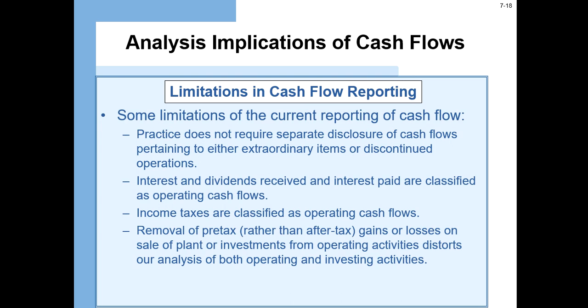Removal of pre-tax rather than after-tax gains or losses on sale of plant or investment from operating activity distorts our analysis of both operating and investing activities. So in this case, this activity has been misplaced actually.